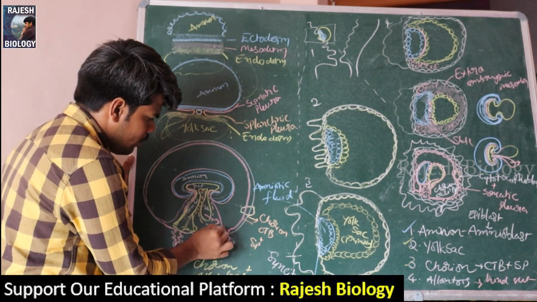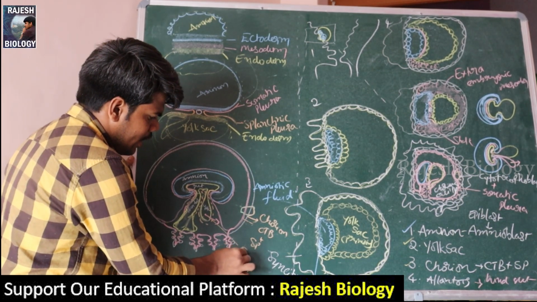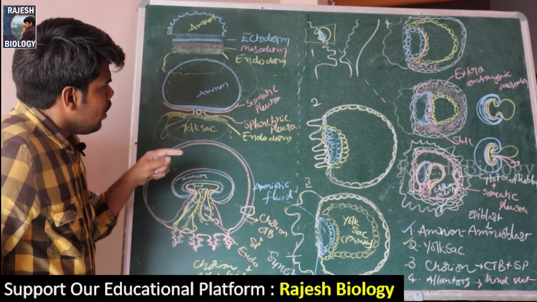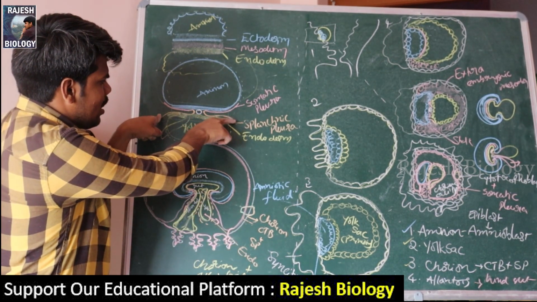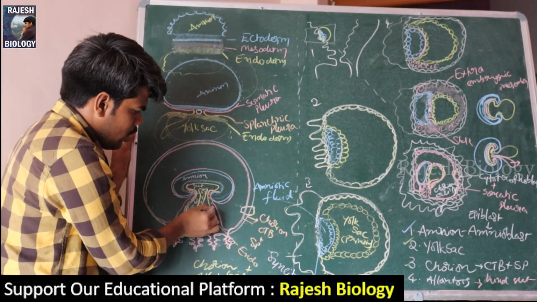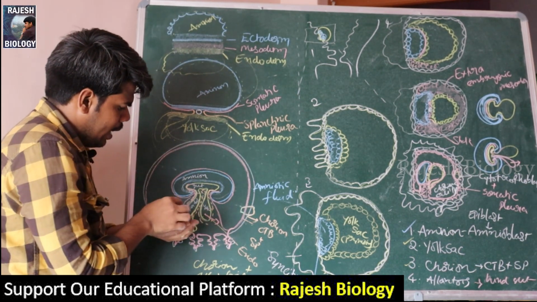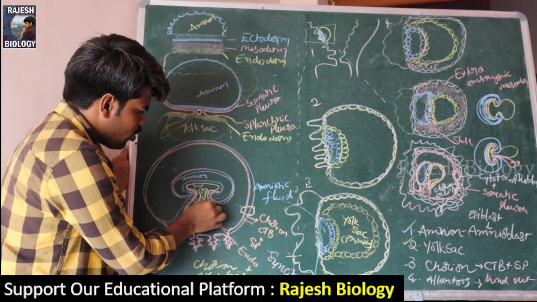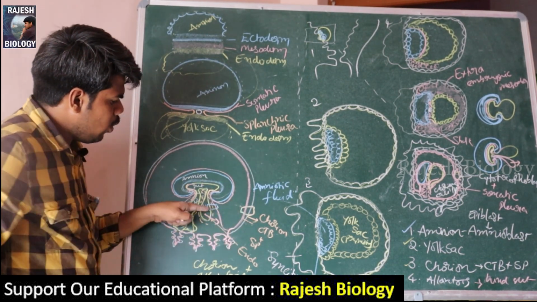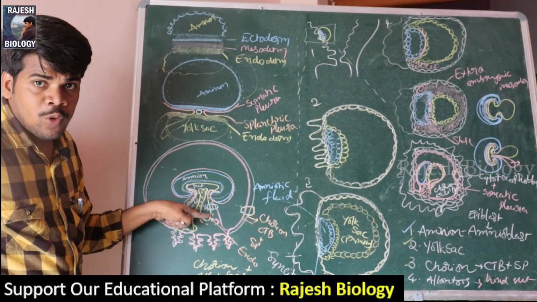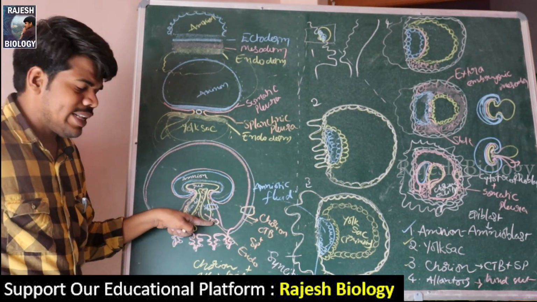The endoderm is lined by the splanchnopleura and some amount of somatopleura. Somatopleura, splanchnopleura and endoderm together form the yolk sac.